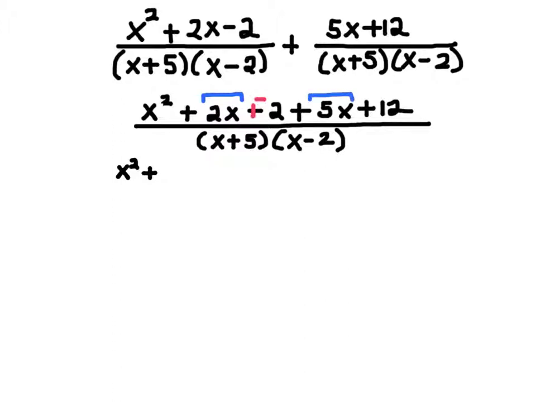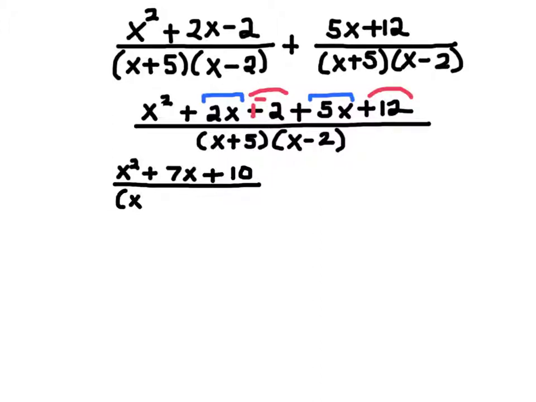And 2 plus 5 is 7, so we have 7x, that's our linear term. So this first term is our quadratic term, this is our linear term, plus, and we have two constant terms. We have a negative 2 and a 12, and if we add negative 2 to 12, we get a positive 10. So there's our numerator. And our denominator, again, stays the same.